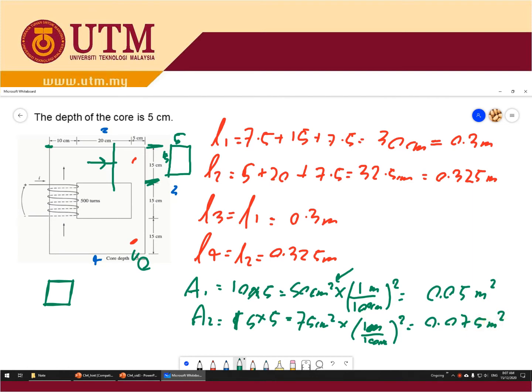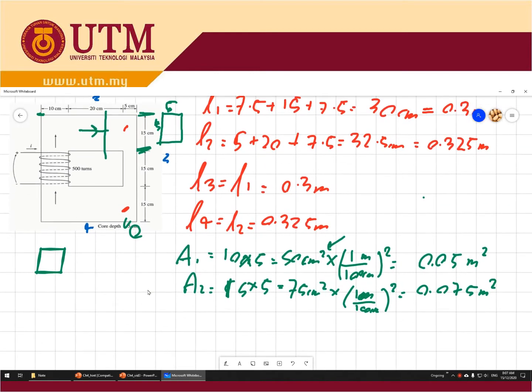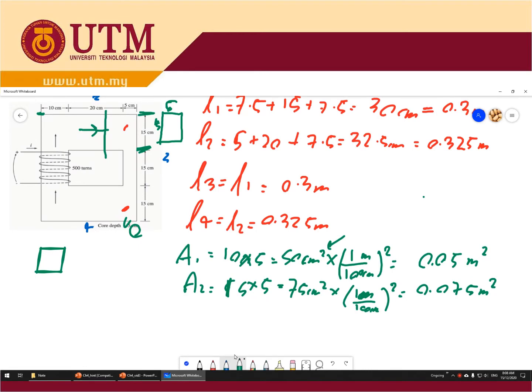Okay, and then so you get what is A3. So same concept, because the flux moves like this, so you have to get this cross section.